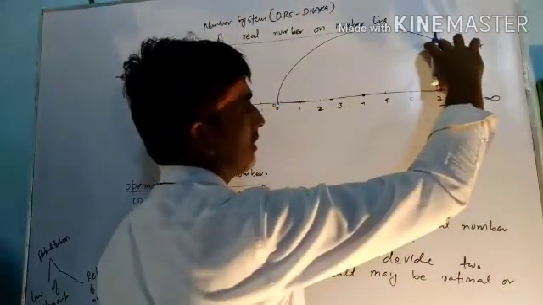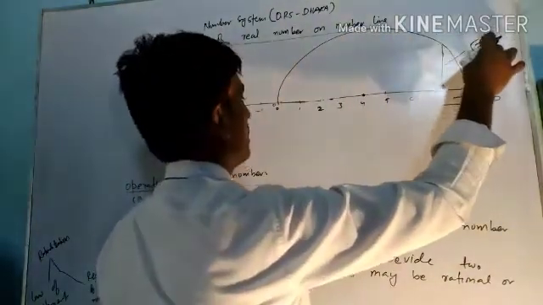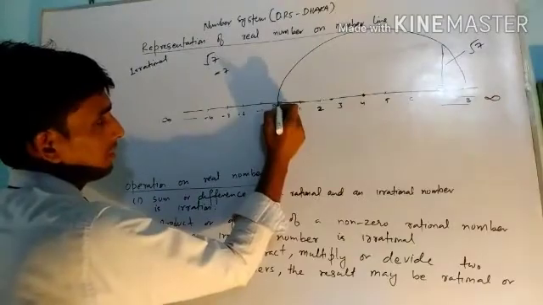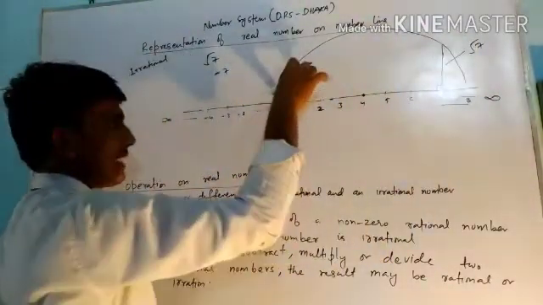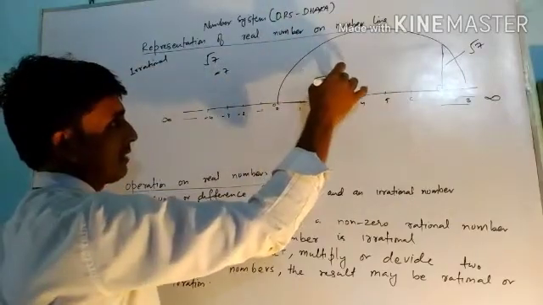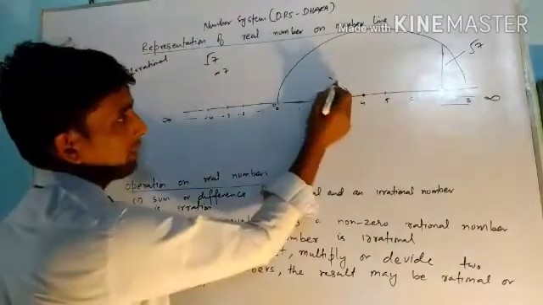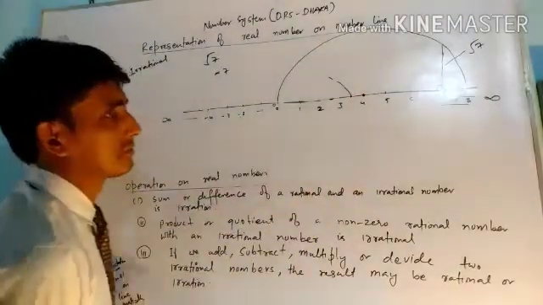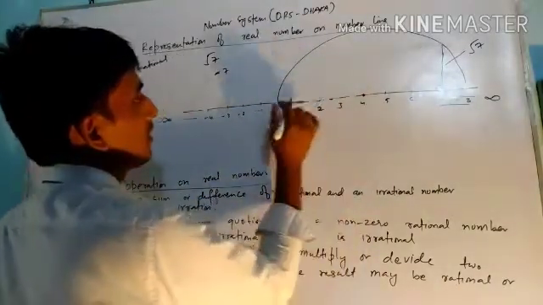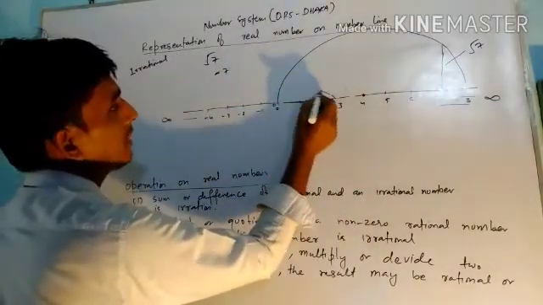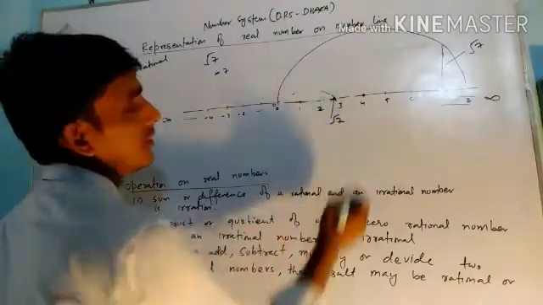Measure this length with the help of a compass. This length will be equal to root under 7. Now put your compass here, measuring the same length, and mark an arc. The point where it will touch, that point will represent root under 7.